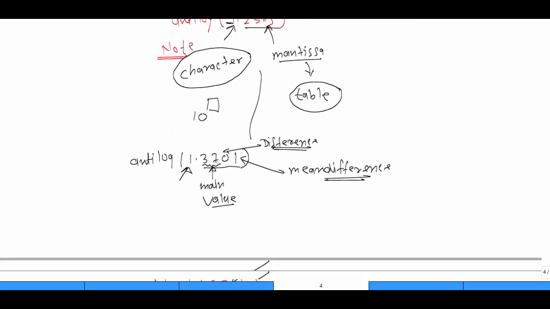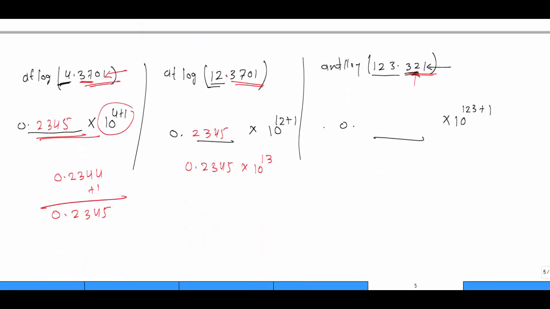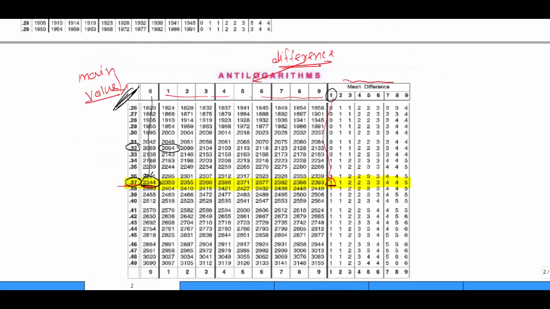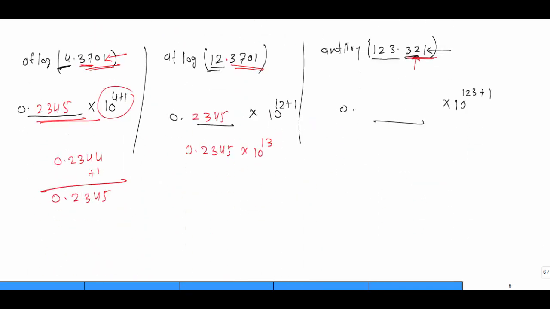So we will just write it down here. There is no mean difference, so we will not add it. It is 2094. So the final answer will be 0.2094 into 10 raised to the power 124. This was type 1. Now I'll go for another type, which we can call type 2.